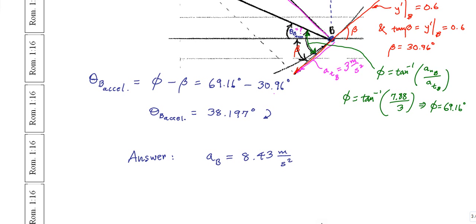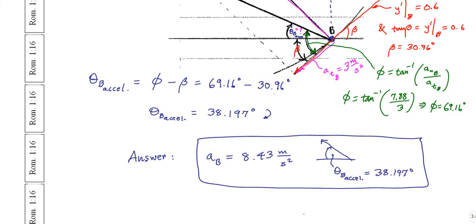The orientation of this is going to be at an angle which we've called theta sub b acceleration of 38.197 degrees, going in a clockwise orientation there. Okay, so here is the answer of the problem statement.